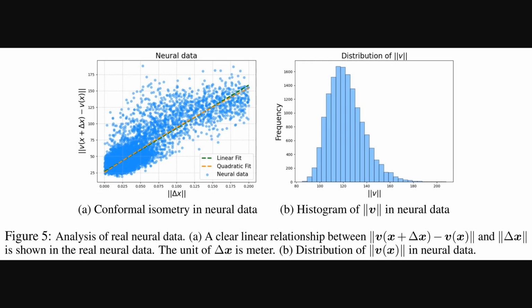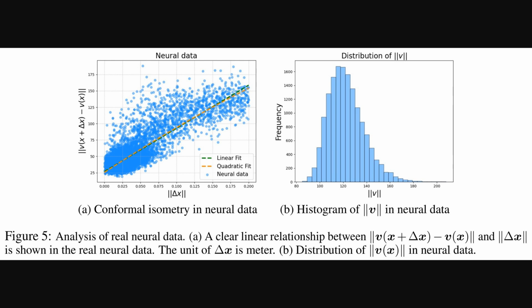Alright, so those ablation studies really emphasized how vital both the conformal isometry constraint, the idea that local distances are preserved, and normalization, keeping activity levels consistent, are for the models to learn hexagonal patterns. Figure 5 then takes a crucial step. It examines actual neural data from rodents. Part A plots how much recorded neural activity changes versus the physical distance an animal moved.